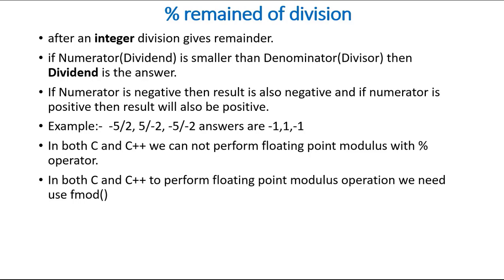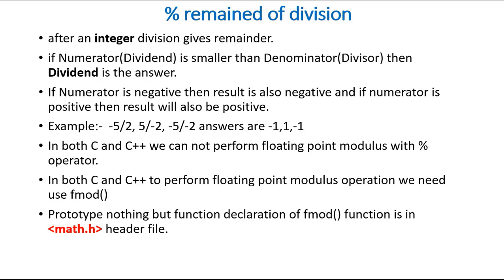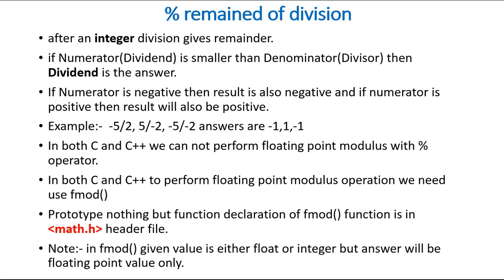Now the prototype, nothing but the function declaration of the fmod function, is in the math.h header file. Note, in the fmod function, the given value is either float or integer, but the answer will be a floating point value only.